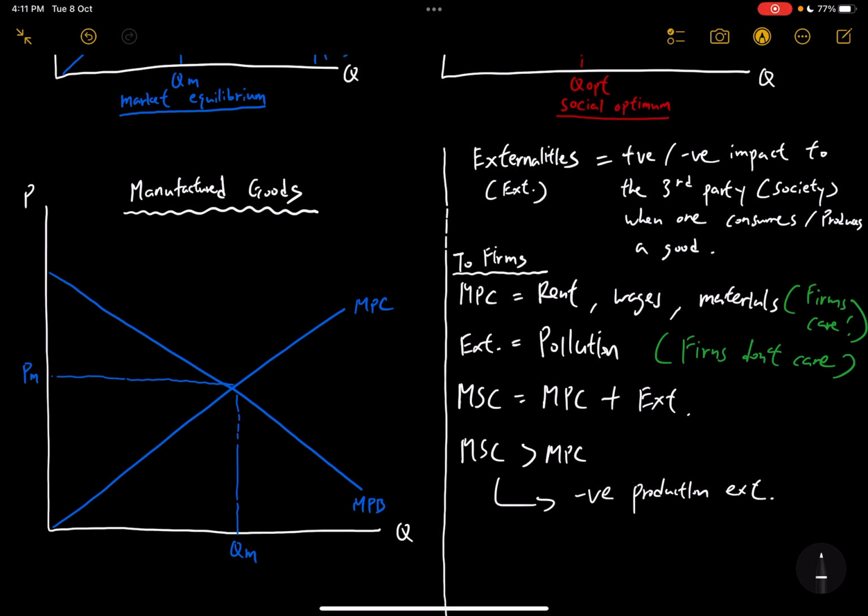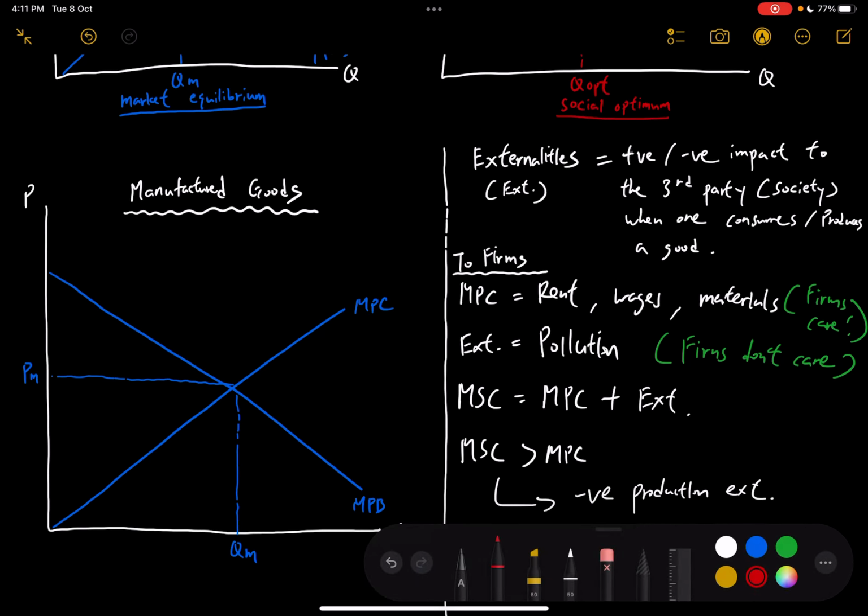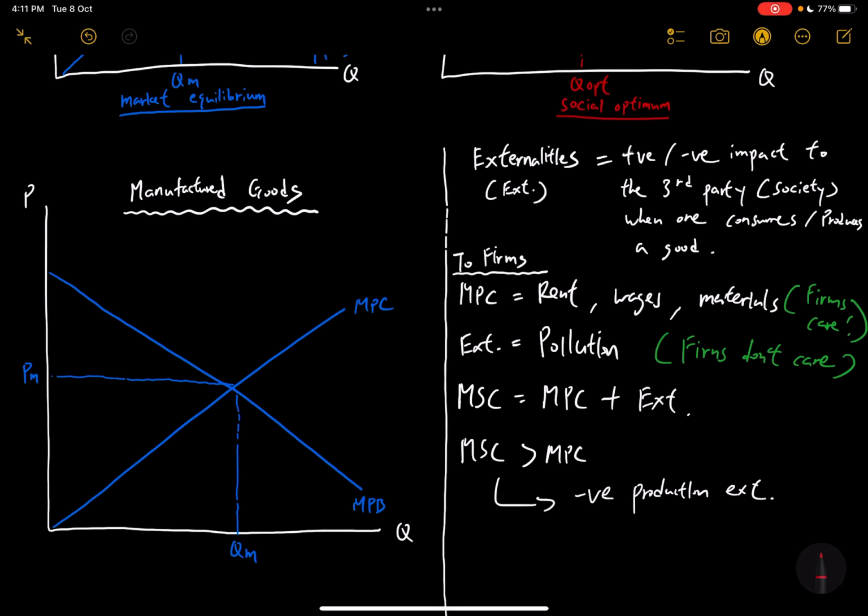So how do we show it on a diagram? You might want to think, if MSC is bigger than MPC, how should we put the MSC in the diagram on the left? The answer is super simple. We just have to put the MSC above MPC.